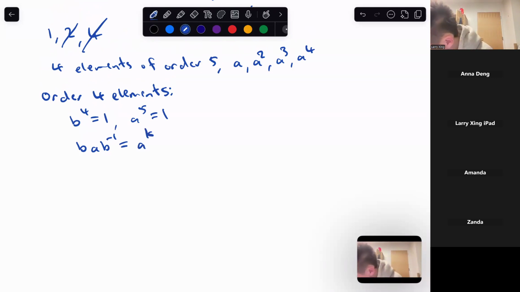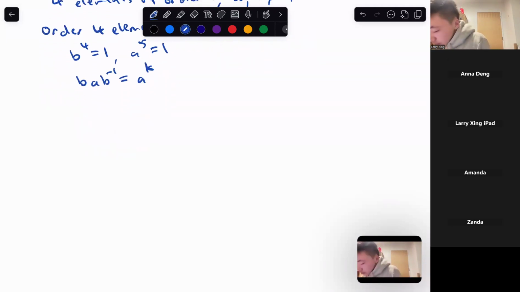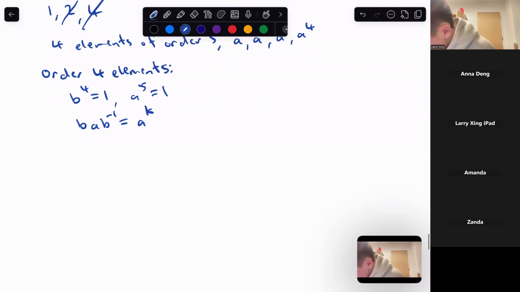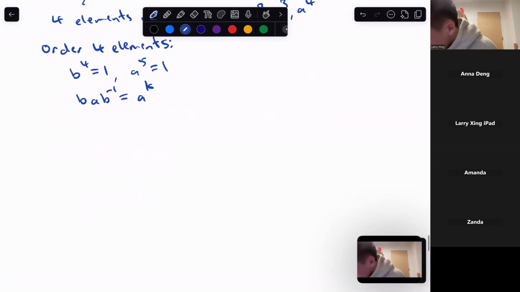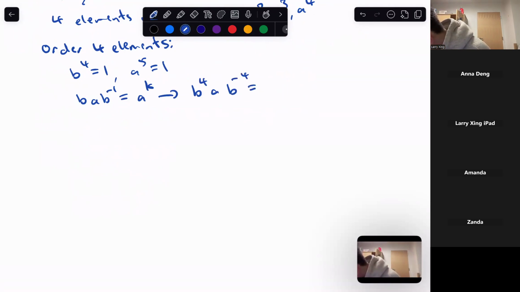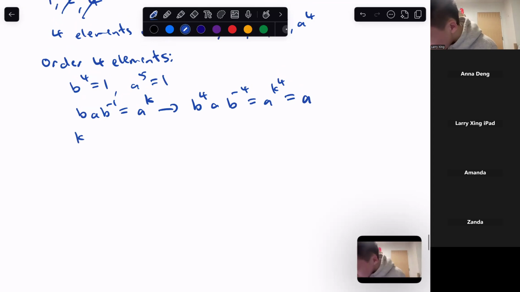So let's say it maps to A to the K. So again, we do the math where we see that B to the 4 A B to the negative 4 equals A to the K to the 4, and this equals A. So that means K to the 4 is congruent to 1 mod 5.